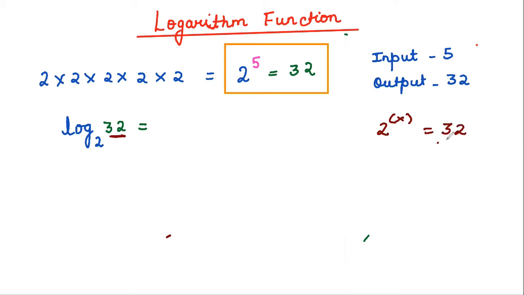So now you already have the output, and you are searching for the input. So whenever we work with logs, we have the output and we are looking for the input. Whereas in exponential functions or exponents, you have the input and can directly find the output. So here it was 5, right?